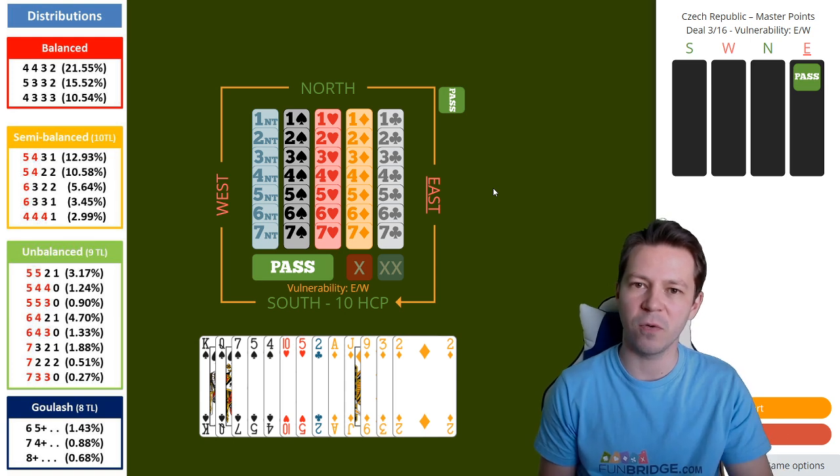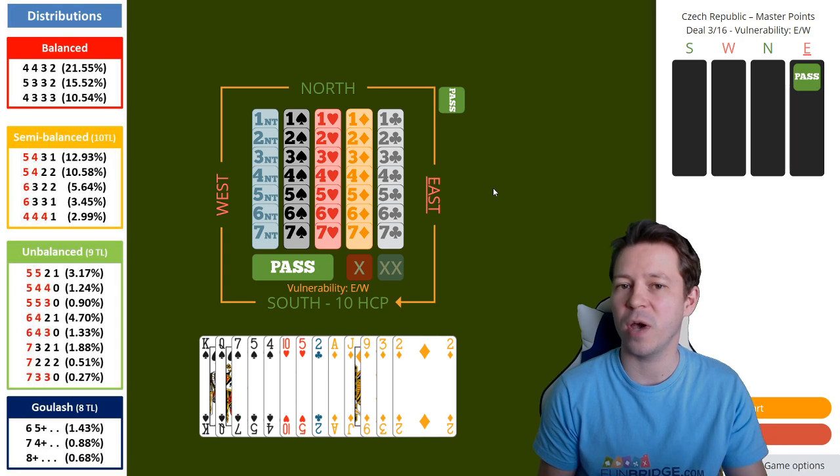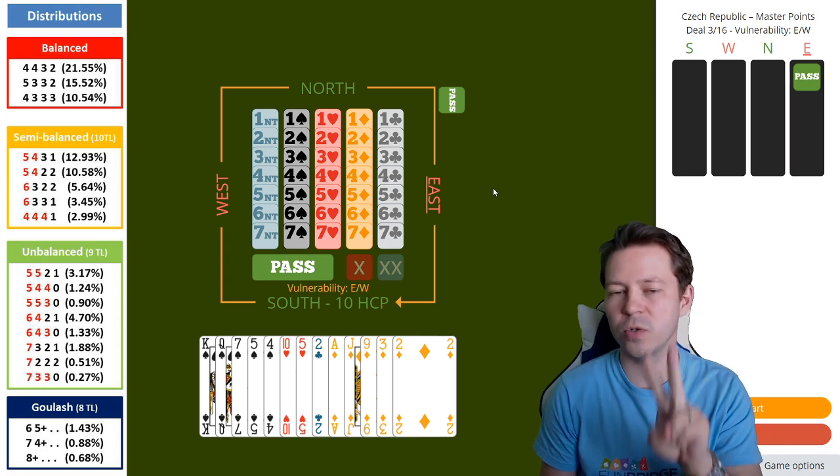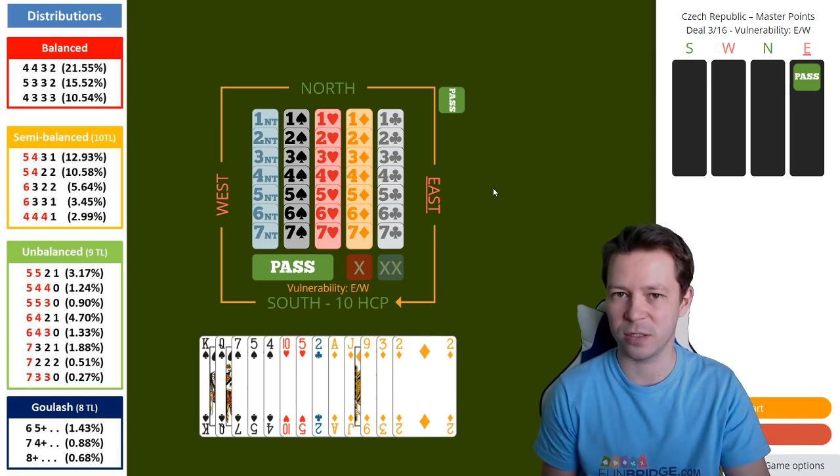If we move down, we have semi-balanced hands where you have either 1 shortness or 2 doubletons. If it is a 1-suiter hand, it's a 6 card suit. If it is a 2-suiter hand, it's a minimum of 9 cards in 2 suits.